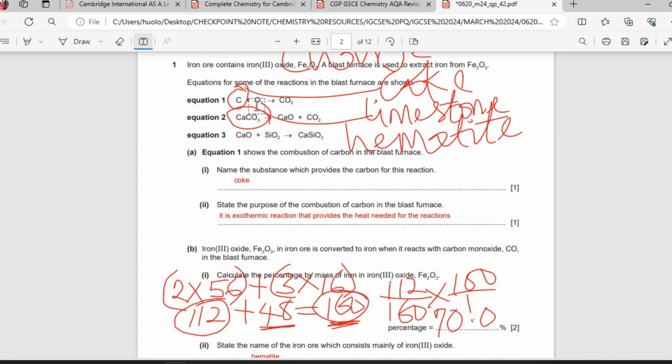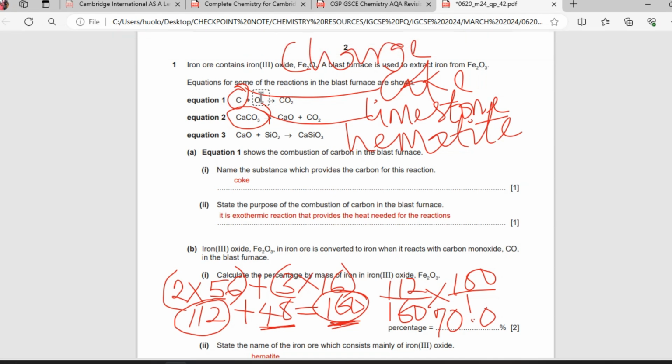Now, this carbon in the blast furnace, the first equation in the blast furnace actually happened. You know, the blast furnace is a tall tower, and hot air is blown into the furnace from the bottom, and this first process will happen, and as it happens the carbon dioxide rises up.